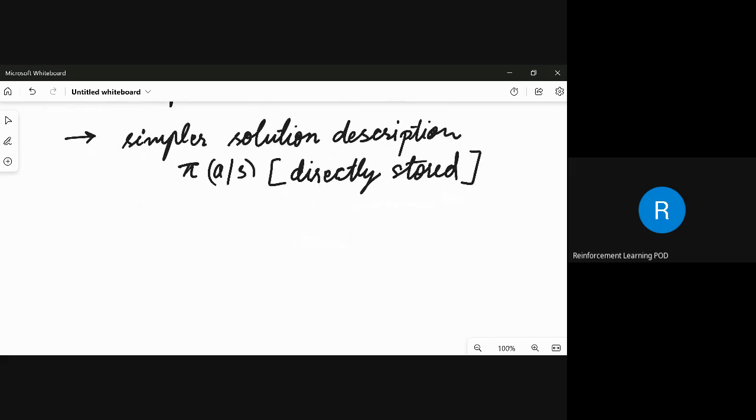There's one more benefit, which I don't think we have seen so far: they perform better in case of partial observability.